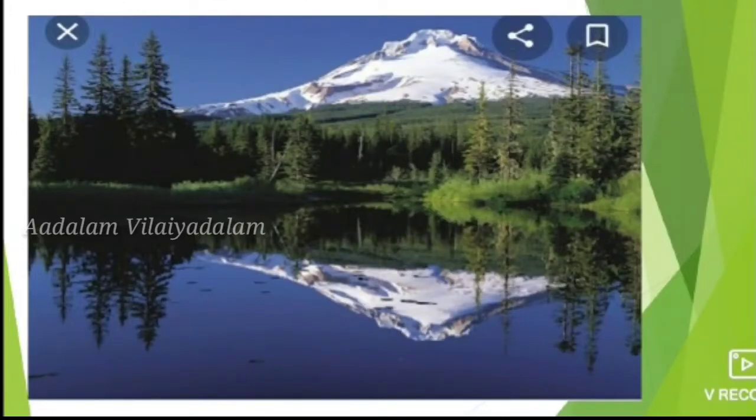In this picture, we get the reflected image of this mountain in the surface of water. So this is an example of regular reflection. Why? Because the surface of water acts as a smooth surface, so we get parallel rays.